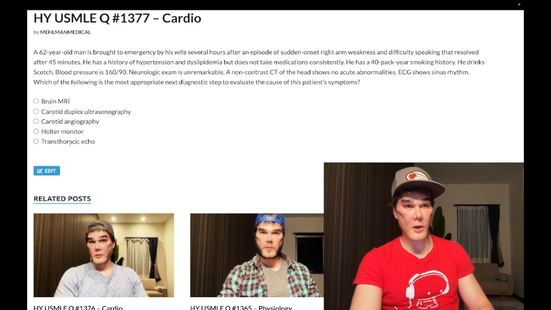Choice C, transthoracic echo is wrong. Now, if you do the Holter monitor and it turns out the patient does have paroxysmal atrial fibrillation, you can go on to do an echo to look for the left atrial mural thrombus. Okay, now sometimes the mural thrombi are not going to be seen on transthoracic echo. You got to do a transesophageal echo.